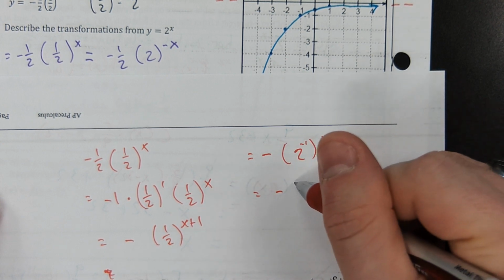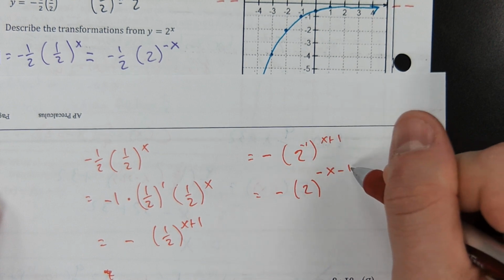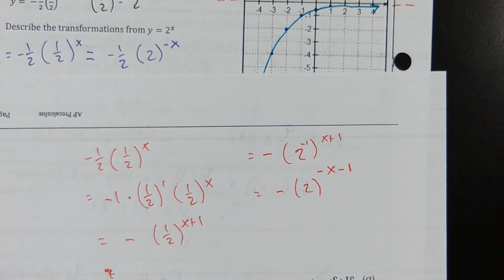So negative 2 to the negative x minus 1. But it's not about the difficulty of it, it's about the fact that you can manipulate it.